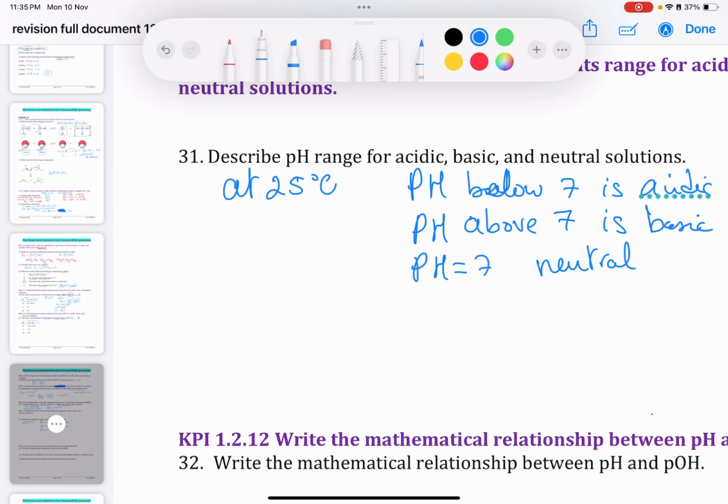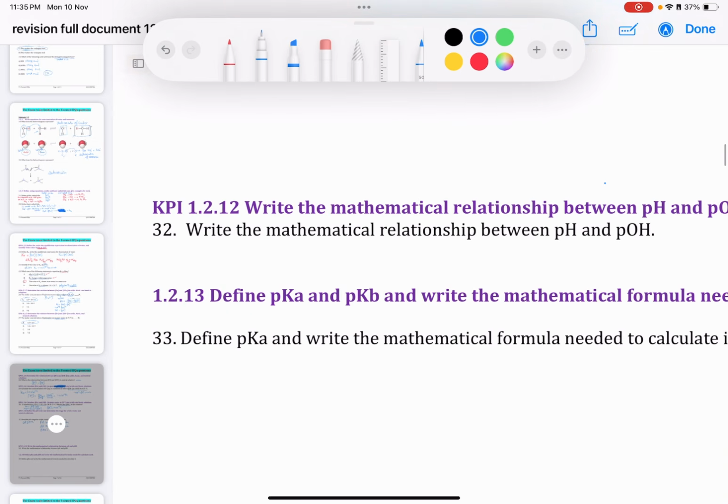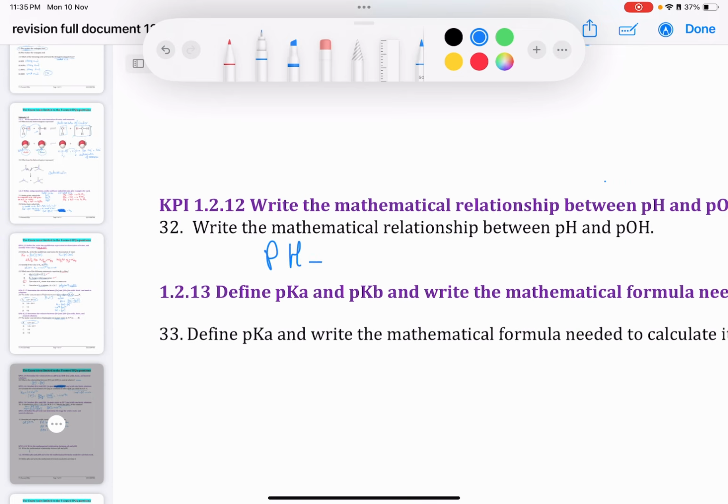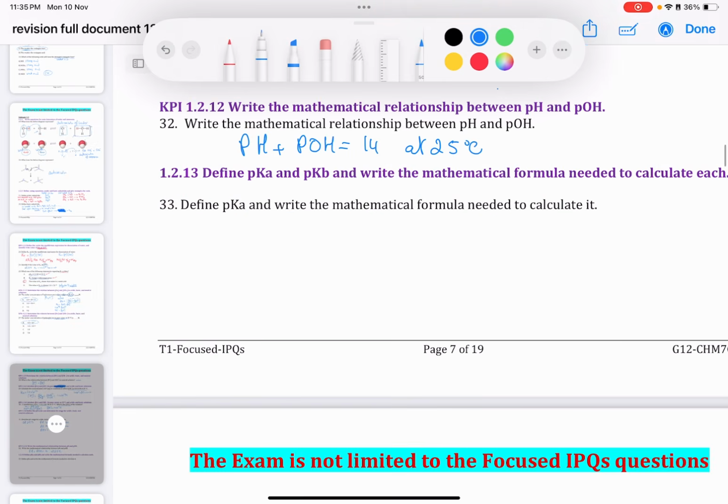Now, just like pH, we have another scale, which is the pOH. Anytime you add pH and pOH, it's going to be equal to 14 at 25 degrees Celsius. They are inversely proportional, by the way.